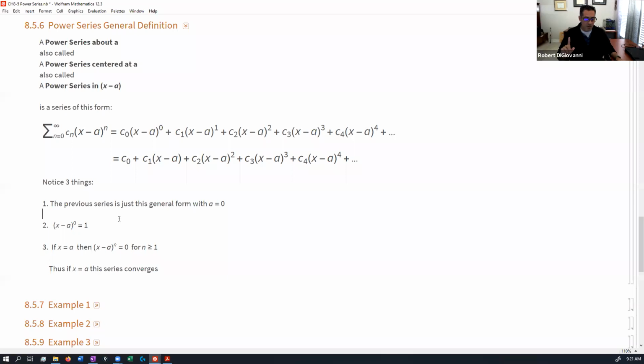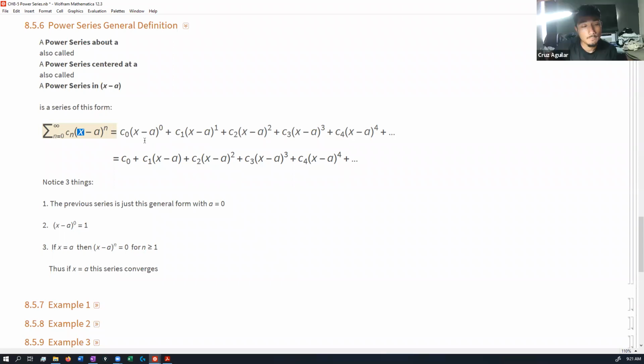Also notice this. If x equals a, what do all of these do? If I tell you right now to take this power series and replace x right there with a, wouldn't you get zeros everywhere? Wouldn't it zero everything out?